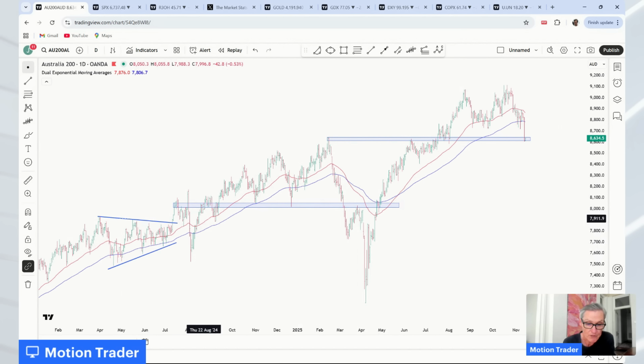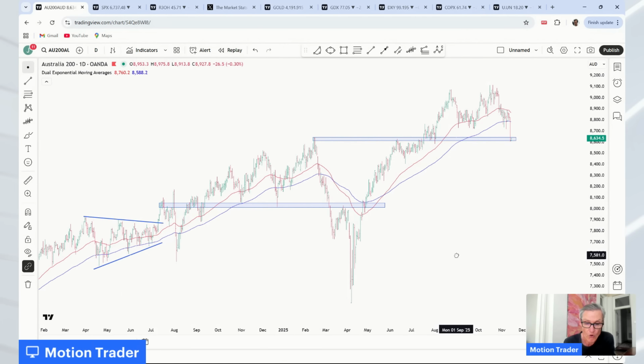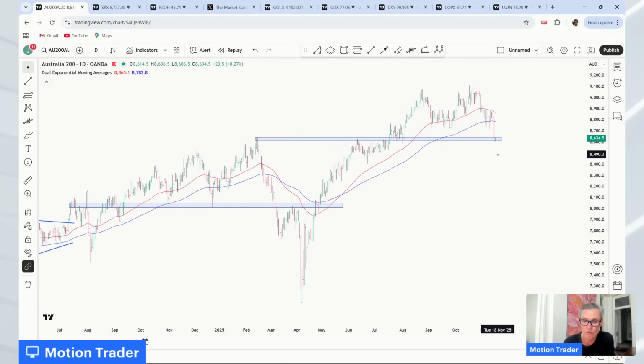Could we get something like that, or is it more of a lackluster bounce where prices can't really make a great deal of headway, and we stall below the moving averages? It's the lackluster bounce that would be the scenario that would concern me, because that would open a window of vulnerability and then potentially lead to that structural shift in the market.